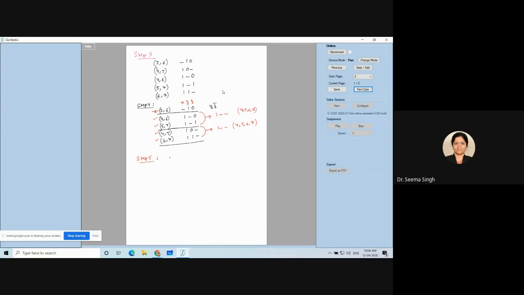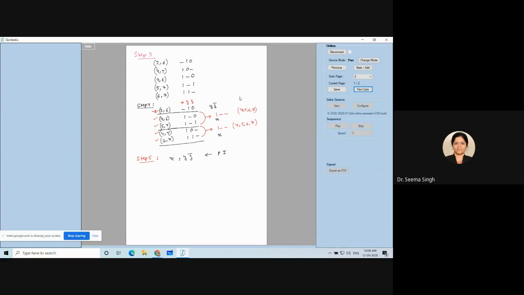And what do you think this 1 dash dash is? What is 1 dash dash? X. Correct. 1 dash dash is X. So we got X from two places and we got this Y Z bar. So this X and this Y Z bar are called prime implicants.